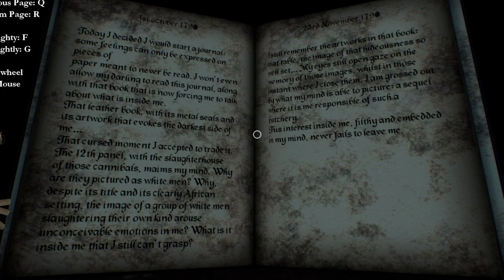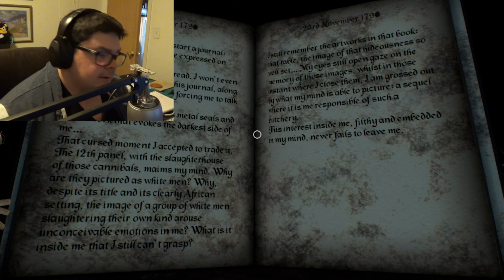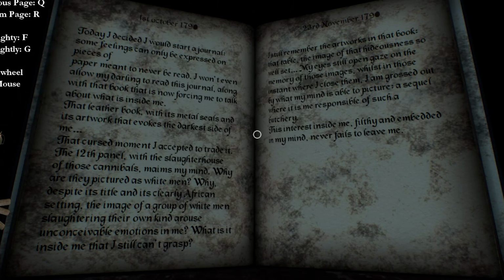The 12th panel with the slaughterhouse of those cannibals maims my mind. Why are they pictured as white men? Why, despite the title of its clearly African setting? Setting an image of a group of white men slaughtering their own kind? Arouse unconceivable emotions in me? What is it inside of me that I can't grasp?